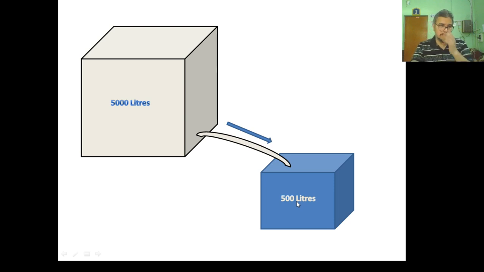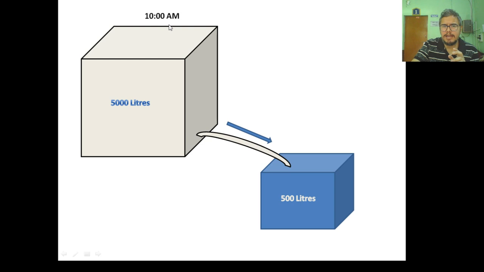Now let us further assume that the bigger tank is full, that is it is filled with 5000 liters of water. At 10 a.m. this bigger tank is filled fully to its capacity, holding or storing 5000 liters of water.